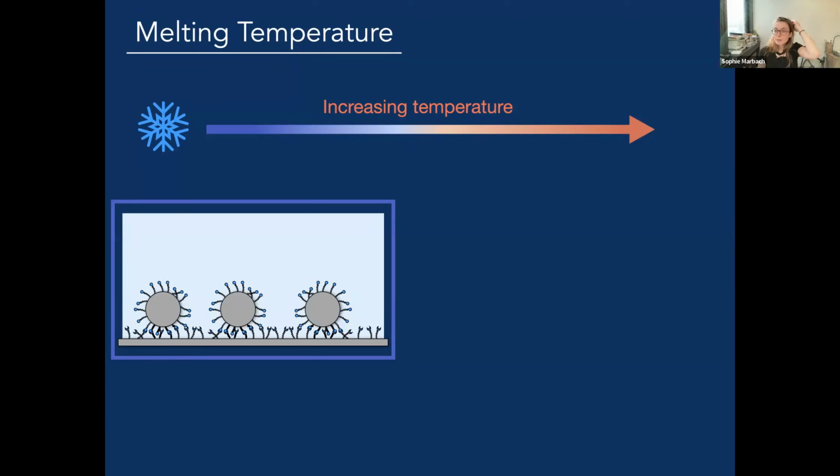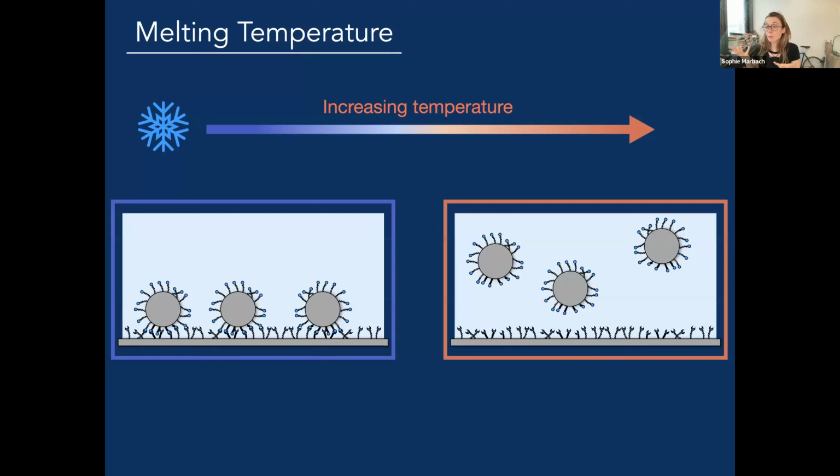Well, if I start observing my system at a rather low temperature, but it can just be room temperature, all my particles are bound on the surface. And then as I increase the temperature, anywhere between 25, 60, or 75 degrees, we can arrive at a point where we can detach all the particles from the surface.